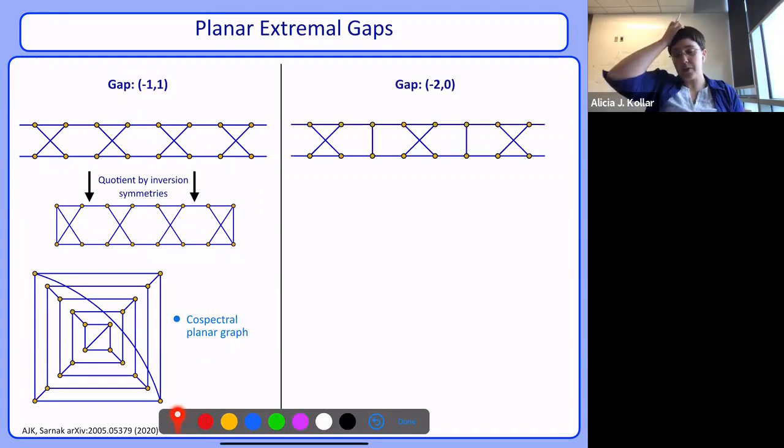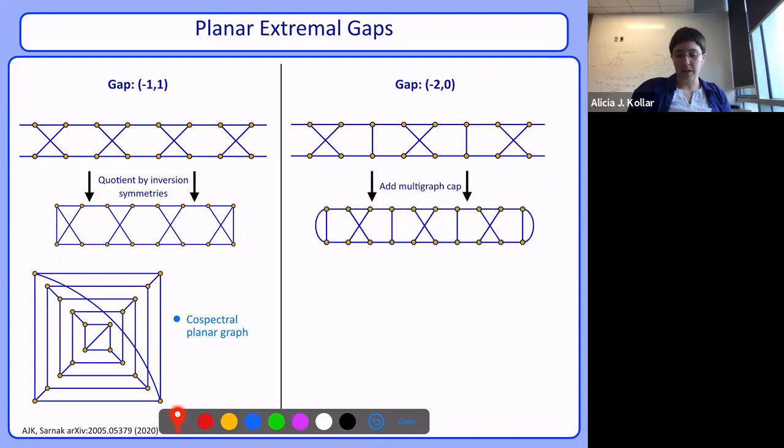And the -2,0 case can also be terminated, although it's a little trickier. So when you take quotients of this guy, you always introduce loops. And so what we were able to find was that instead of taking a quotient, you can sort of cut it and stitch in something that we call a cap. And so this particular example, it's a multigraph, but it only has multiple edges rather than loops.